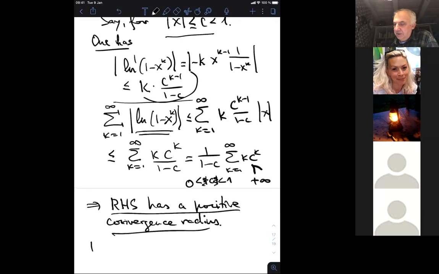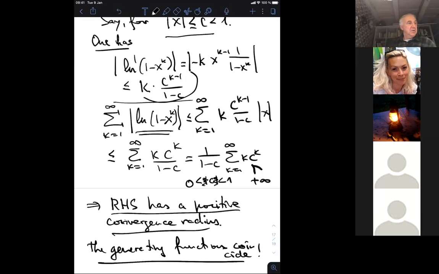So the generating functions coincide. Yeah, and this would be the last thing we'll be discussing today. And I hope I haven't overloaded you too much. It's a fair amount of theoretical material.